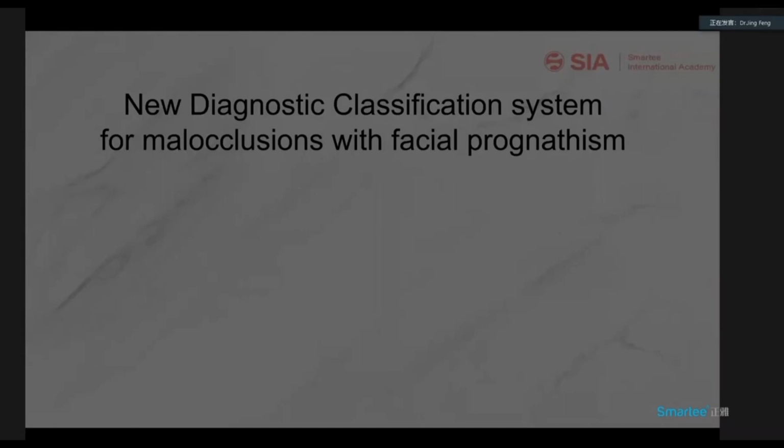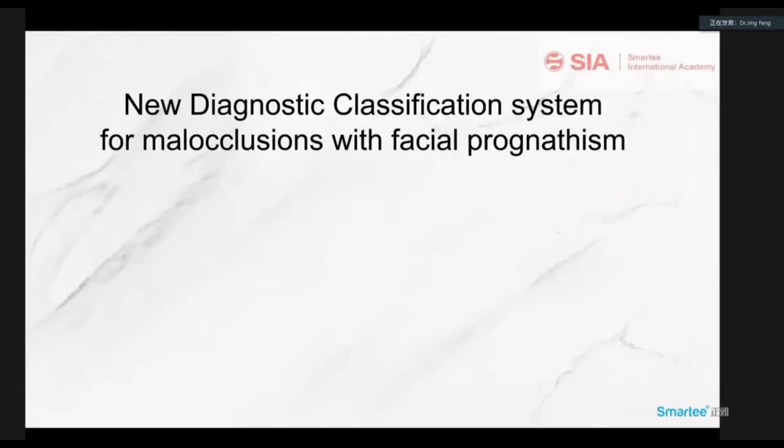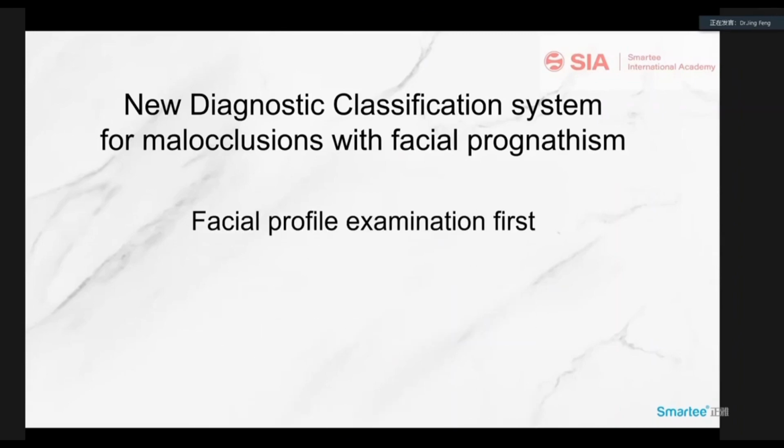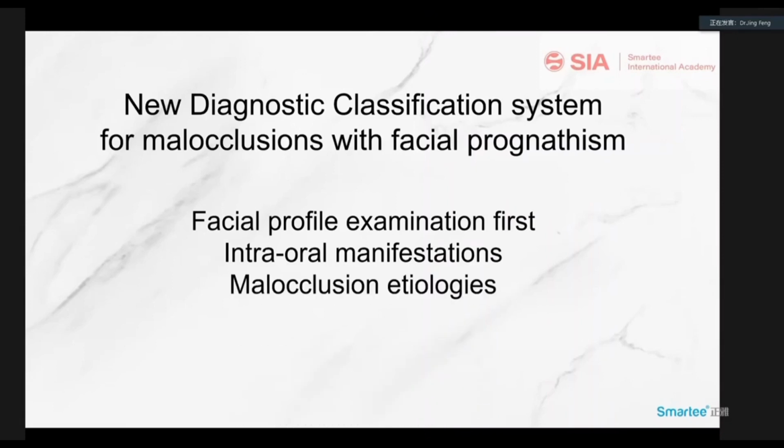Okay, the first part, new diagnostic classification. This new diagnostic classification for facial prognathism has many components as following: facial profile examination first, intraoral manifestations, and malocclusion etiologies behind the appearance.